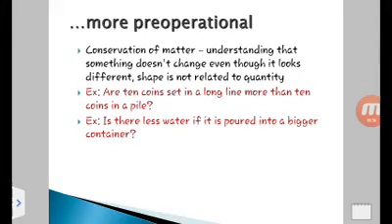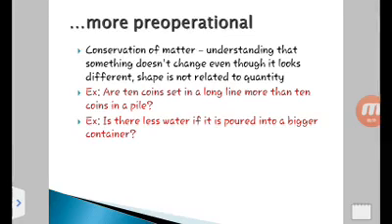Let's continue with the pre-operational stage. Let's have a quick review of conservation of matter, which kids in the pre-operational stage don't know yet. Conservation of matter is the understanding that something doesn't change even though it looks different, and shape is not related to quantity.